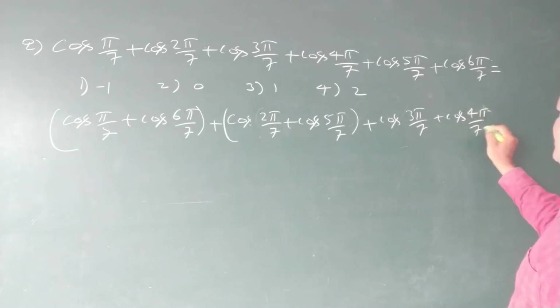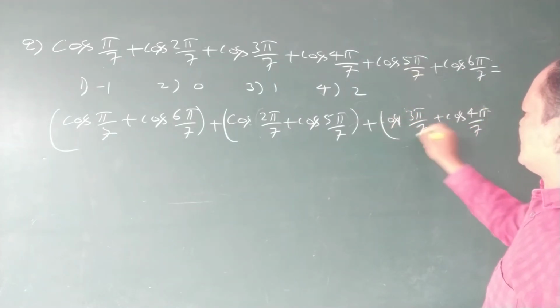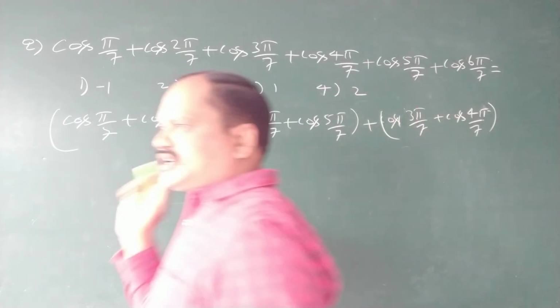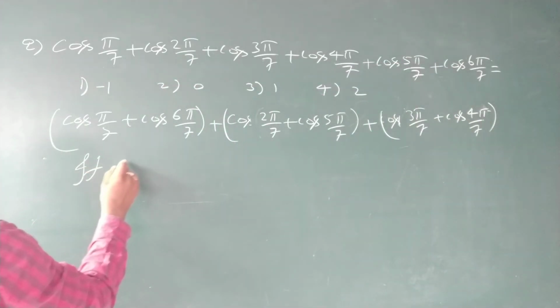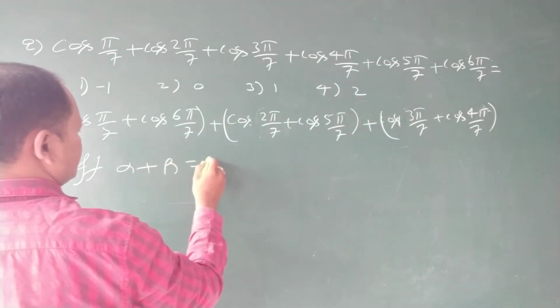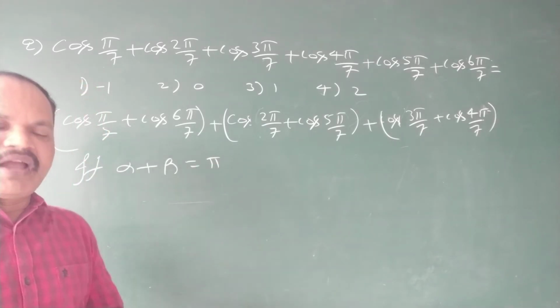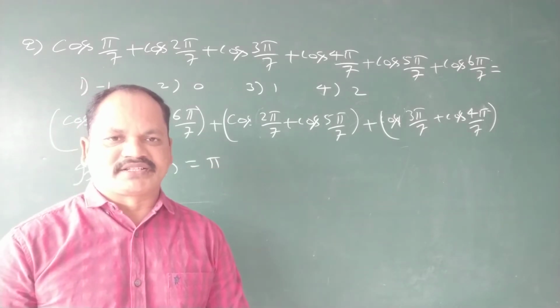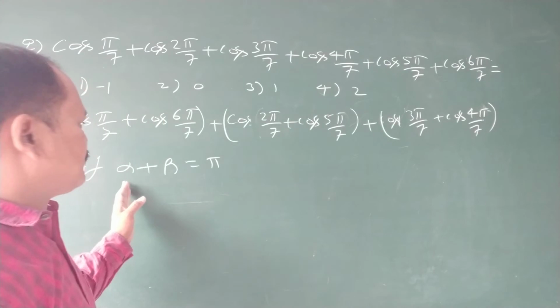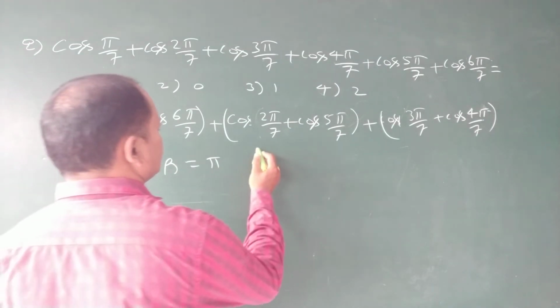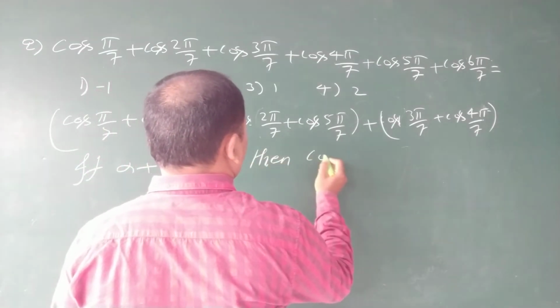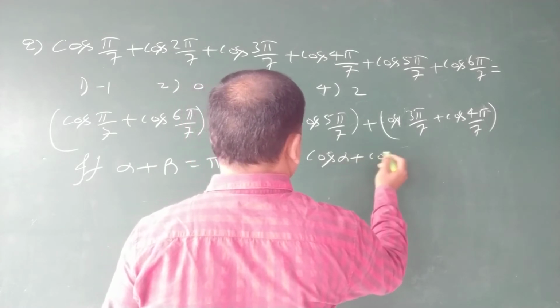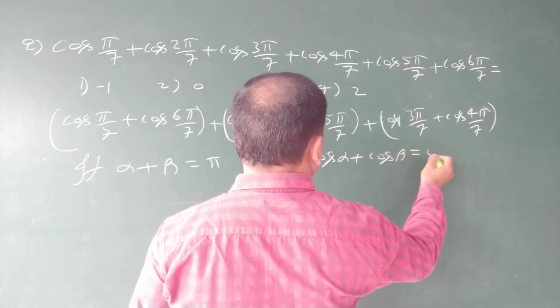We know the formula: if alpha plus beta is equal to pi, which means 180 degrees, then cos alpha plus cos beta is equal to 0.